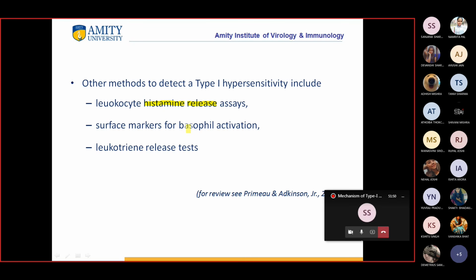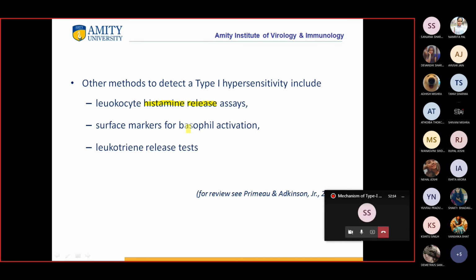In different ways, we can also identify at which stage the cell is, whether it's a new cell, a naive cell, in an activated state, or in its inactivated stage, because at each stage it expresses some different molecules.